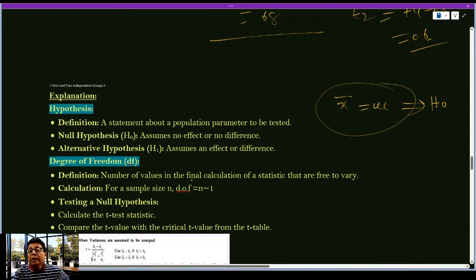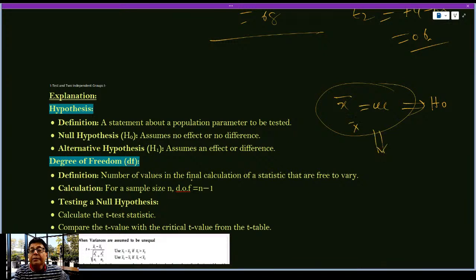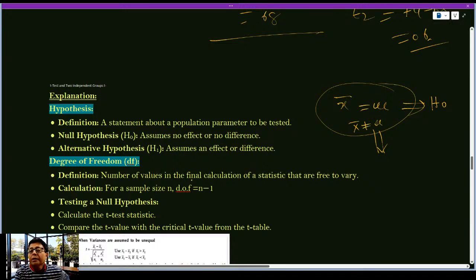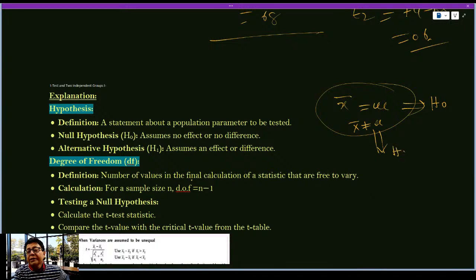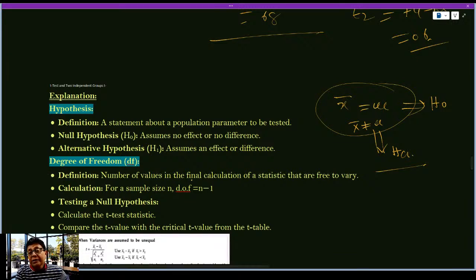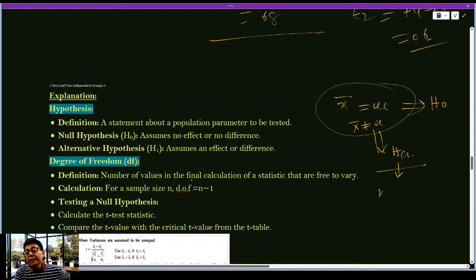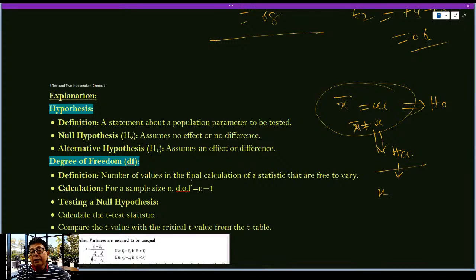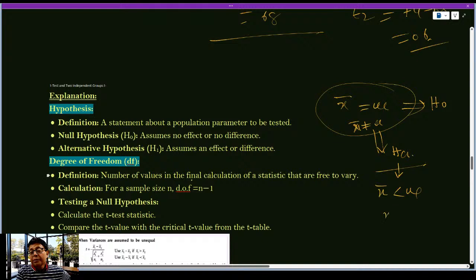Okay? And the statement that x bar is not equal to mu will be considered HA, the alternative hypothesis. This I told you earlier. For that, there may be x bar less than mu, x bar greater than mu, or x bar not equal to mu.